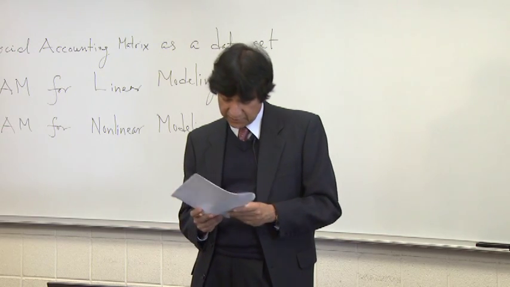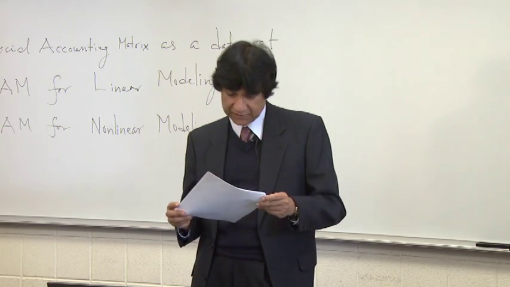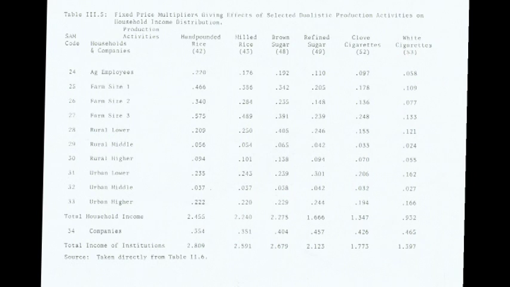But if you look at page 70, the next page, after the SAM classification, you see a table of fixed price multipliers giving effects of selected dualistic production activities on household income distribution.